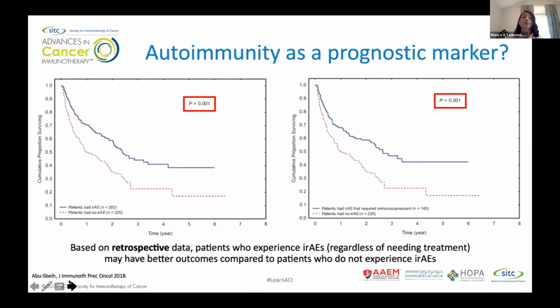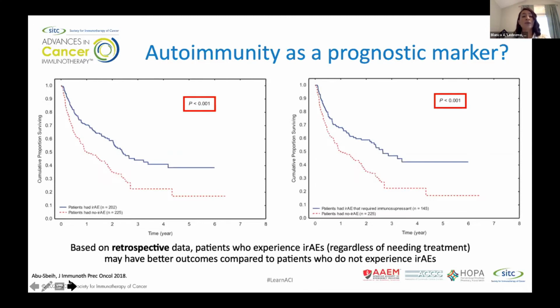So, autoimmunity as a prognostic marker, we've heard this before. It's always been a question that's been posed: if a patient has an IRAE, does this mean they're going to have a better response? As we see here on this retrospective data, the patients on the left in blue who had an IRAE had a better survival than those in red who did not have an IRAE.